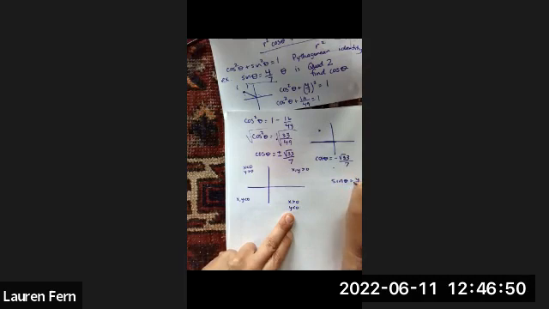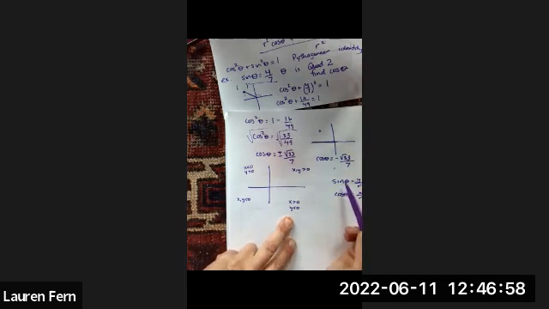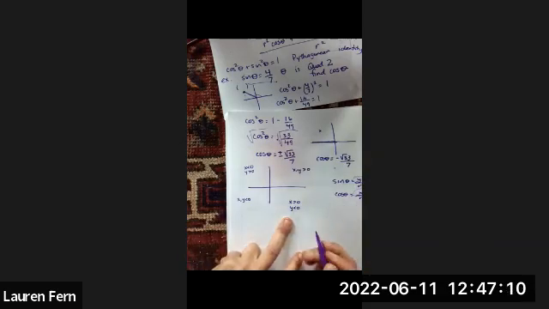Remember, if my sine has to do with my y value and my cosine has to do with my x value, then the sign, S-I-G-N, of the sine and cosine are going to be completely dependent upon that sign of each of these values.